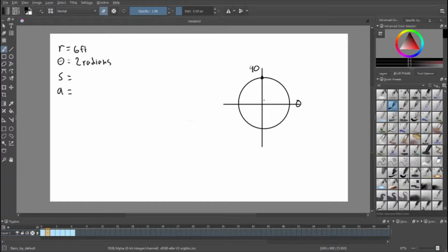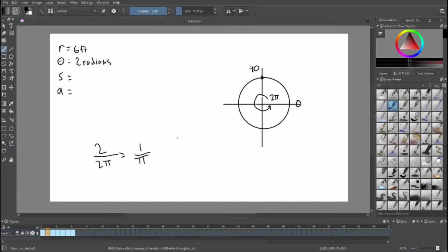So we're going to be finding the arc length of 2 radians. So the first thing we're going to do is set a ratio. Since this is in radians, we know that a full rotation is 2 pi, and so you put 2 radians over 2 pi, or that's just equal to 1 over pi.